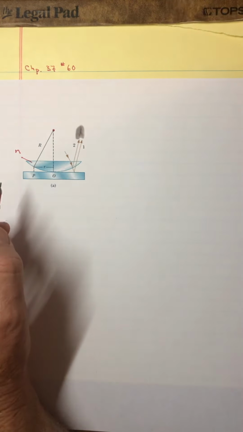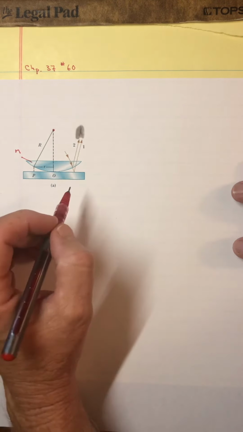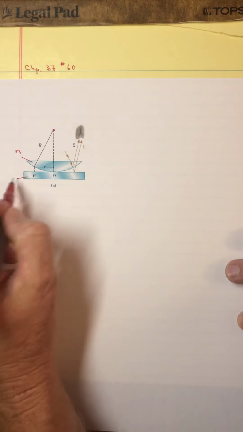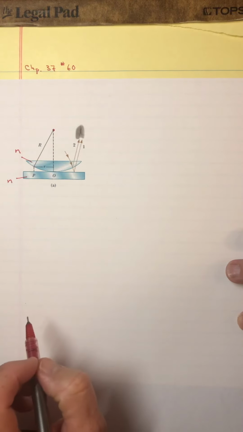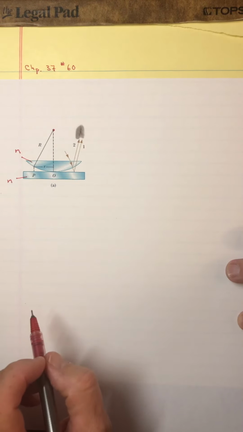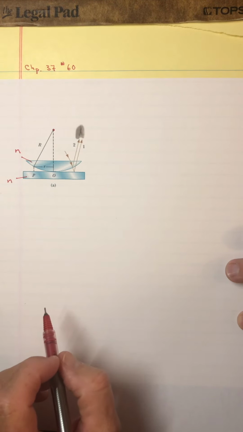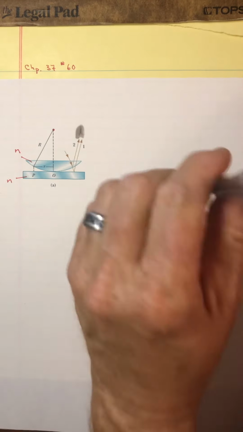Let's see, it goes on to say the rest of the flat glass surface has the same index, or it rests on a flat glass. So this too has an index of n. Okay. How does it phrase it?